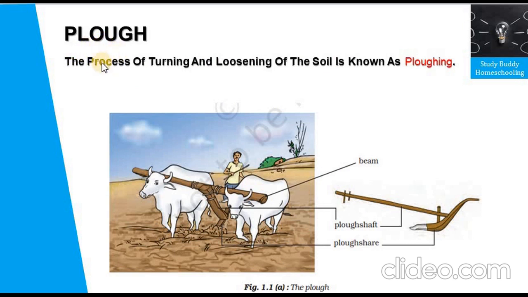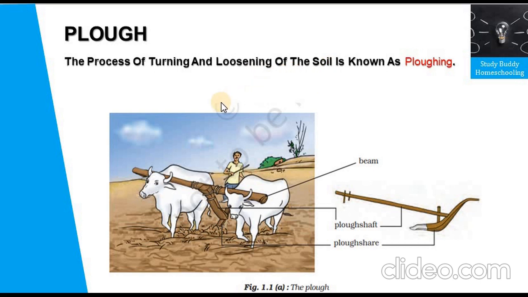Plow. What is plow? The process of turning and loosening of the soil is known as plowing. This loosening of soil is very important in agriculture because loosening of soil means more aeration. More aeration means more air circulation.